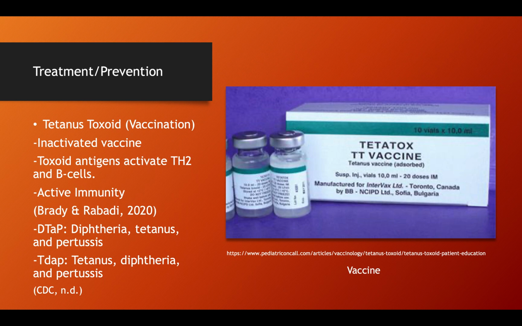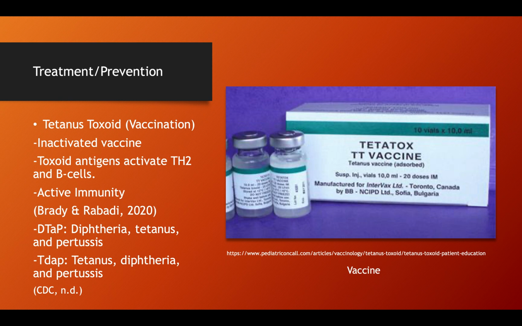And lastly, we'll discuss the prevention. And we all are familiar with the vaccines, which is really the only 100% effective prevention of tetanus. So the tetanus toxoid is part of the vaccine. It's an inactivated vaccine.